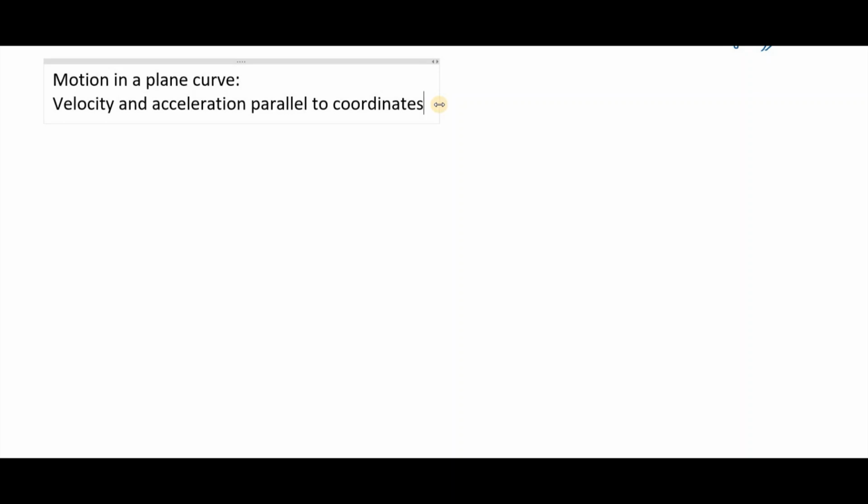The velocity parallel to the x-axis is given by x dot.